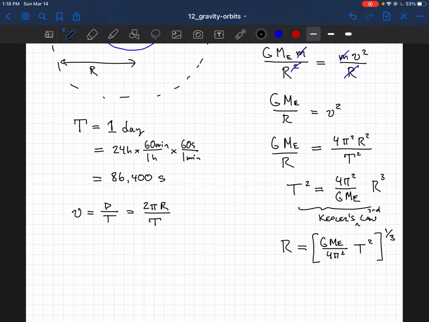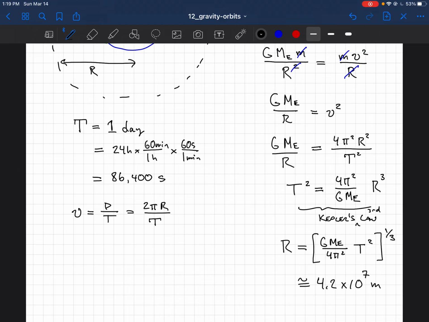And then we multiply by the period, which is 86,000 seconds. And we square that. And then we take the cube root of it. We take that to the 1/3 power. And we get 4.2 times 10 to the 7th meters.